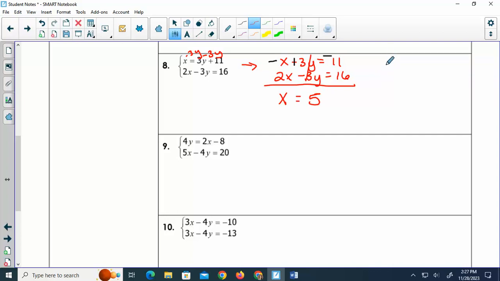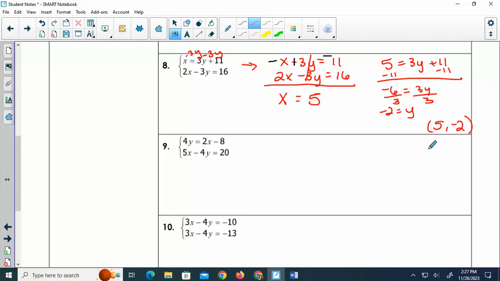Then if I go back and plug that in to one of the original ones, it doesn't matter which. If I did the first one, x is 5 equals 3y plus 11. Divide by 3. The answer is 5, negative 2.